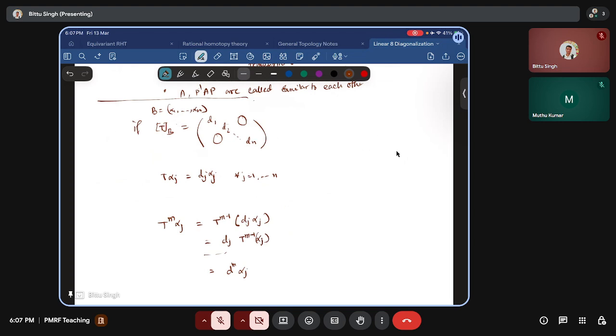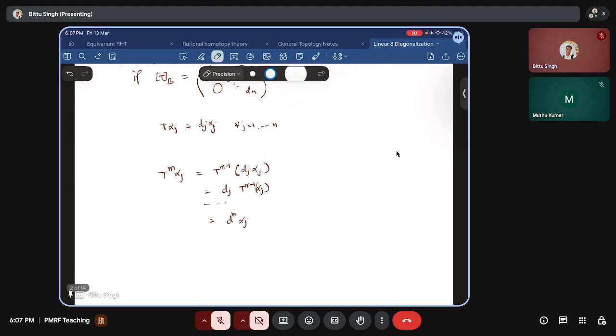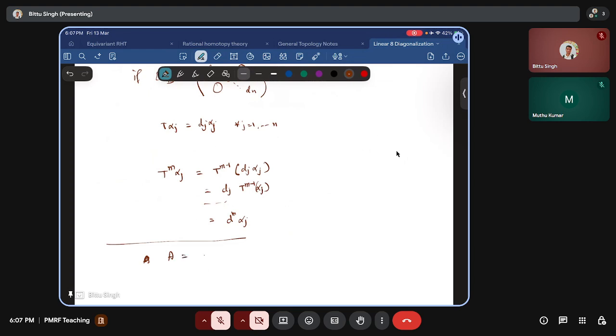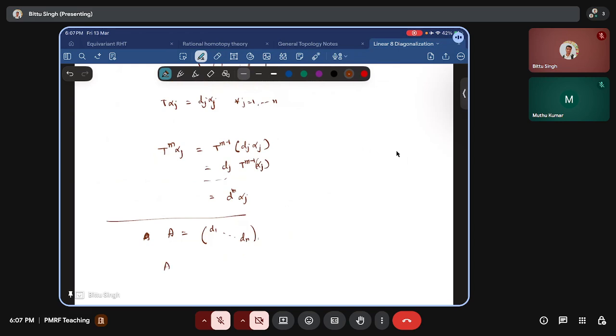Okay. So note that it is easy to compute the effect of composition of T n times. In other words, it is now easy to compute this kind of thing. Suppose A is some diagonal matrix d1 up to dn, then A to the power m is the same as multiplying m times.